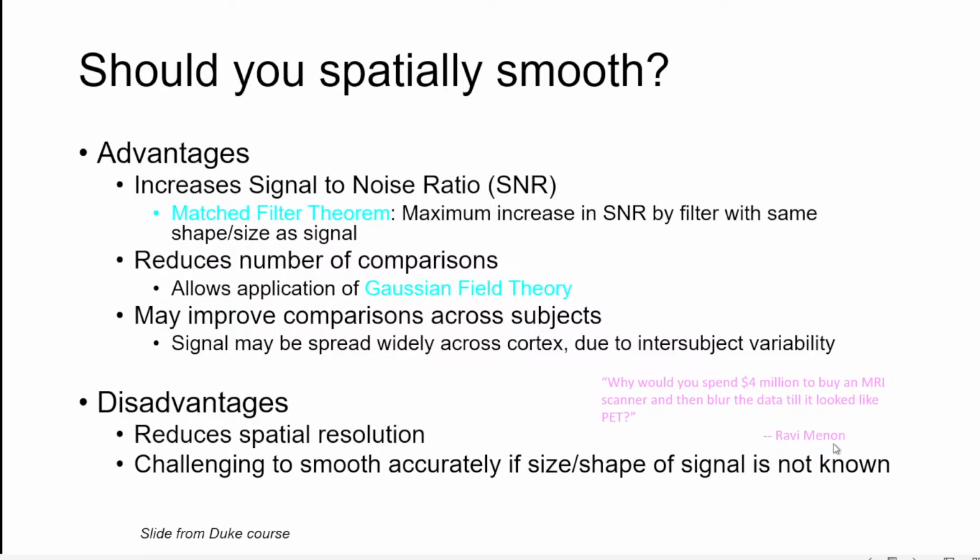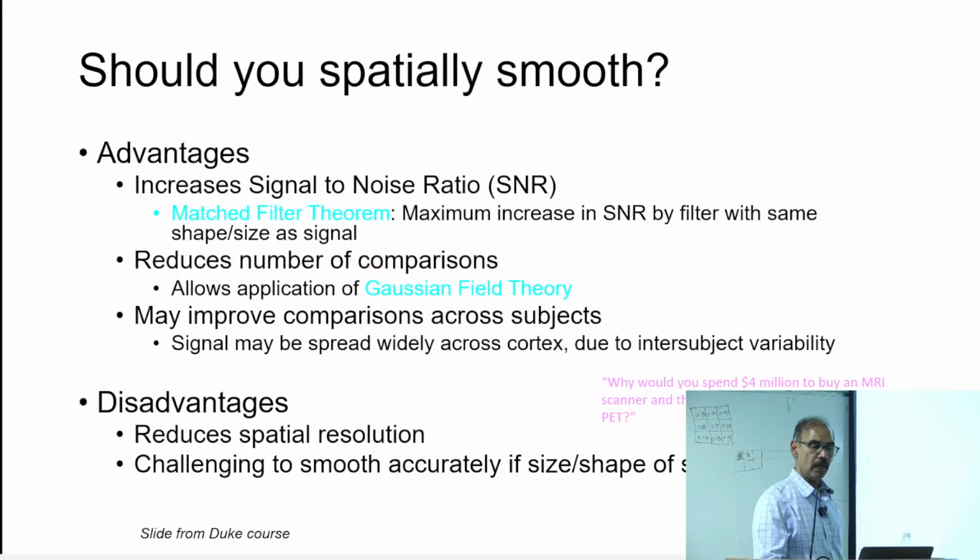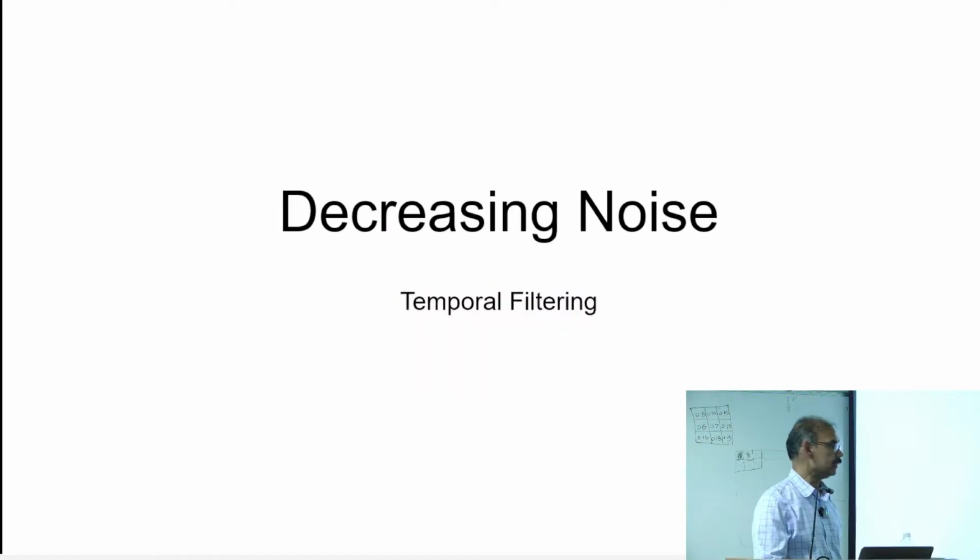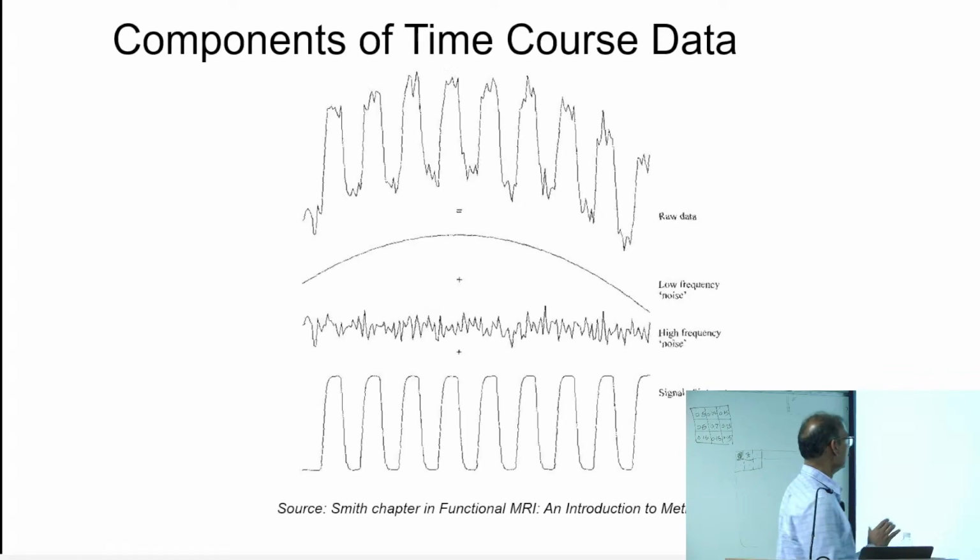The other way to reduce noise is by temporal filtering, right? As we have discussed with Fourier transform, if we have, let's say, a signal like this, we can decompose it into a sinusoid, random noise, and low frequency noise. Maybe one could also have had a linear drift, but this is how you can decompose the noise, right?